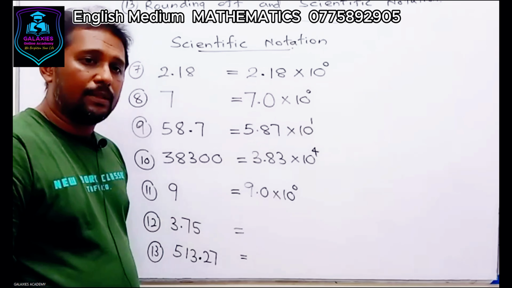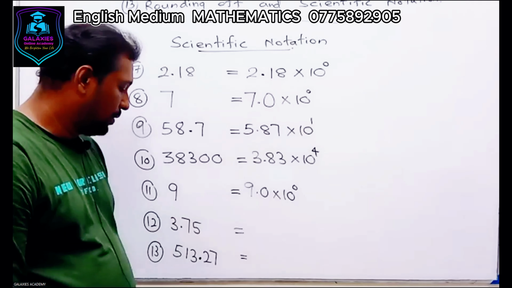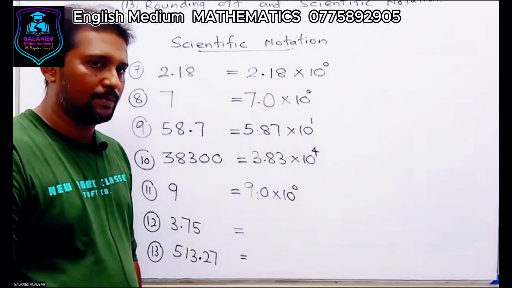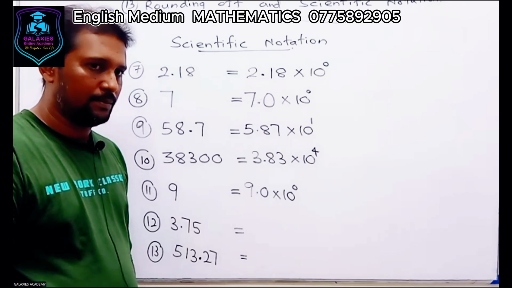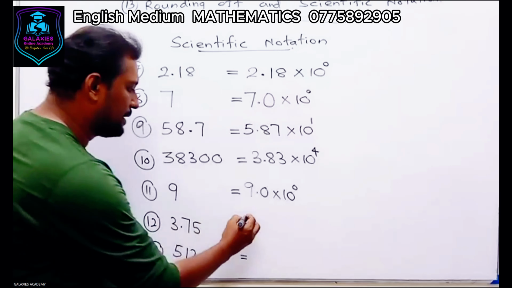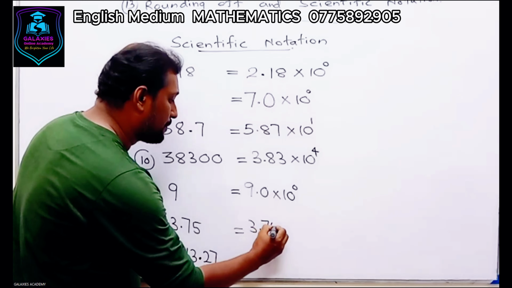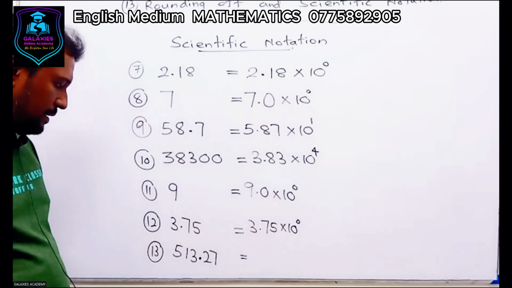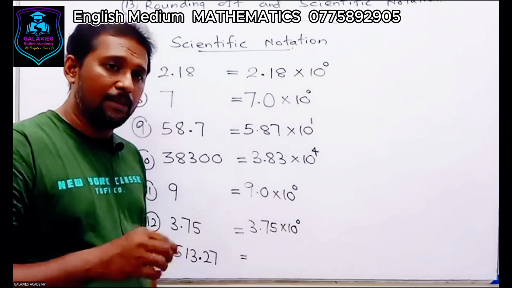Right. Number 12, 3.75. Dulni, can you tell me this one's answer? 3.75 multiply 10 to the power 0. Right. Last one, look at 513.27.